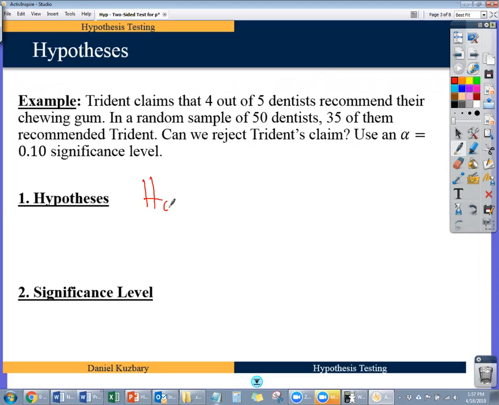So hypotheses are going to be, one of them has to be P is equal to something, and the other one is P is not equal to, or P is greater than or less than something. The claim we're testing is that 4 out of 5 dentists recommend the chewing gum. So the proportion of dentists that recommend it is 4 out of 5, or how about we do 80%, 0.8. So this is the proportion.